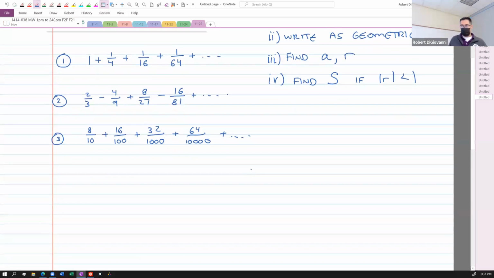And then the last one is going to be the hard one. This fourth one is more of like a bonus. All right. I want you to take this decimal, 0.252525. So the 25 keeps repeating.